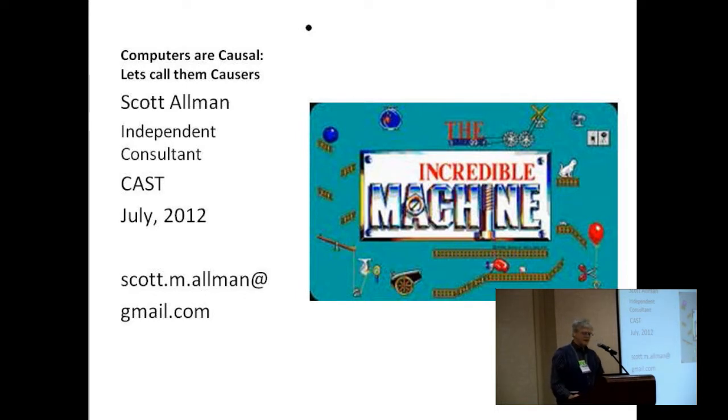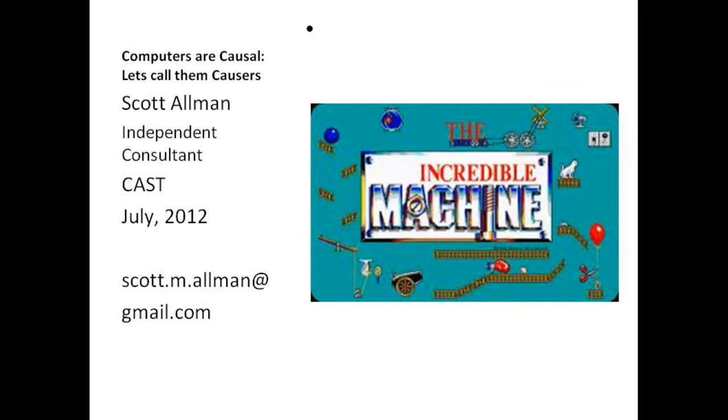If you fire it, the cannonball causes the boxing glove to push a tennis ball up and over a ramp. When the ball falls down the ramp, it causes the scissors to close, cutting a string, which causes the balloon to rise, which causes the cat to be scared, and you get the idea. I think everybody understands that kind of causality, and there's no computation involved.